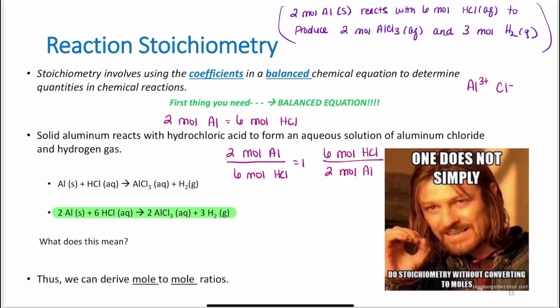So either one can be on the numerator. We could say 6 moles of HCl to 2 moles of aluminum chloride. We could say 2 moles of aluminum chloride to 3 moles of H2.